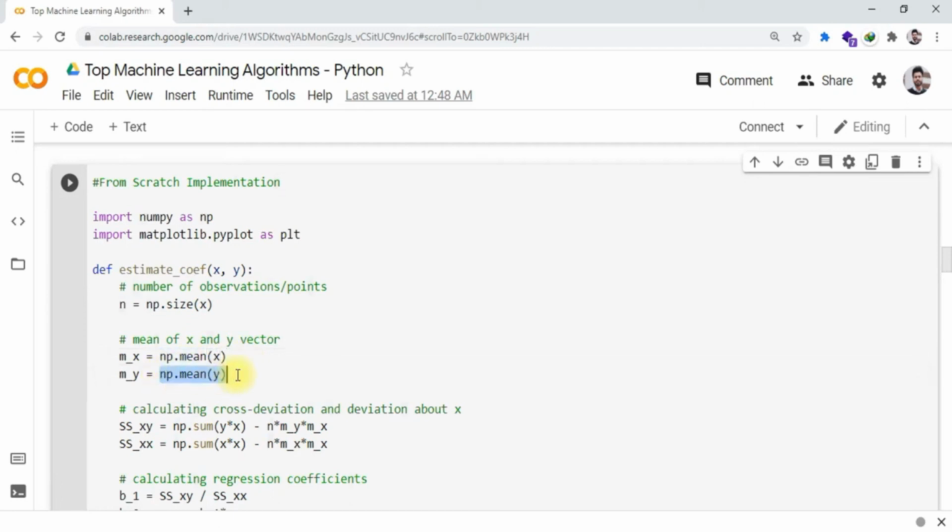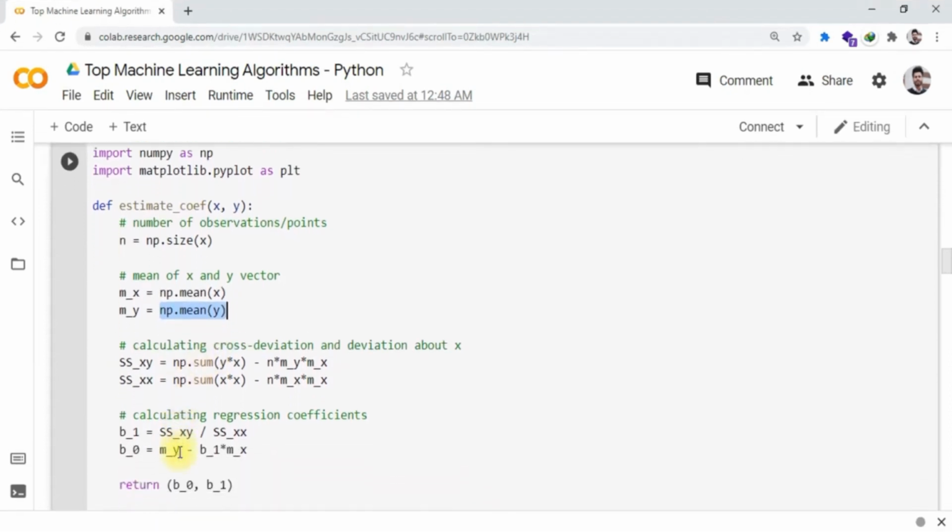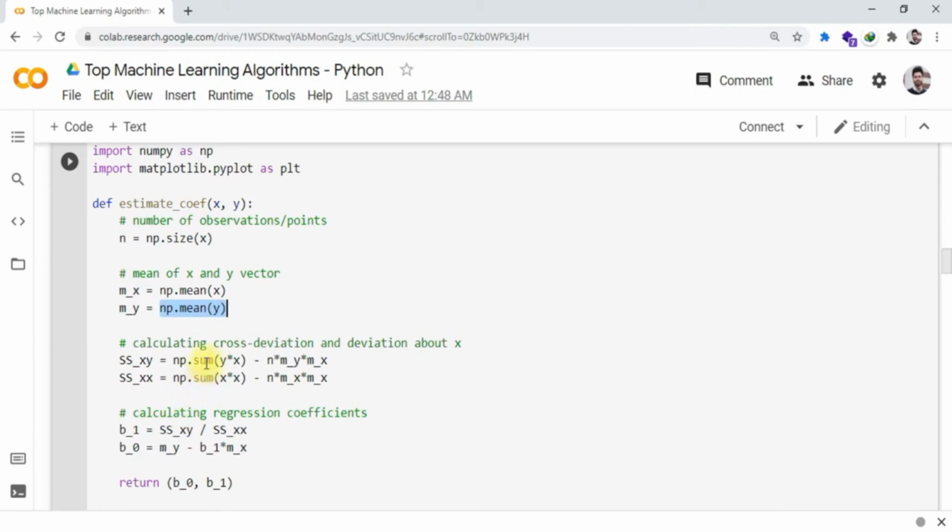When we calculate the mean of x and mean of y, we just put them into the formula to get the slope and intercept. The formula to get the slope is the summation of y into x, minus the number of observations into the mean of x and into the mean of y. So this is the formula that is mathematically used.